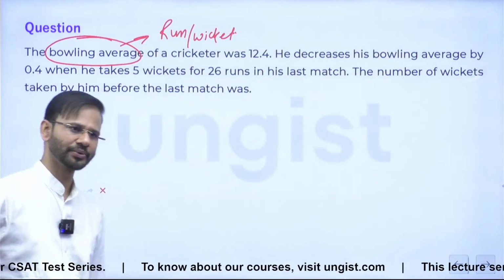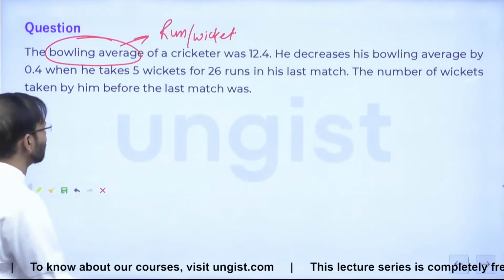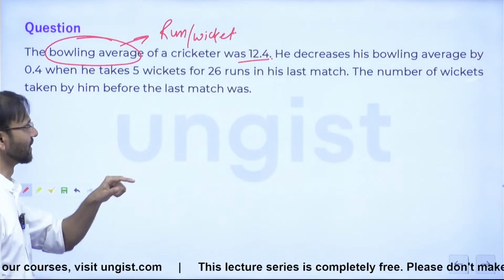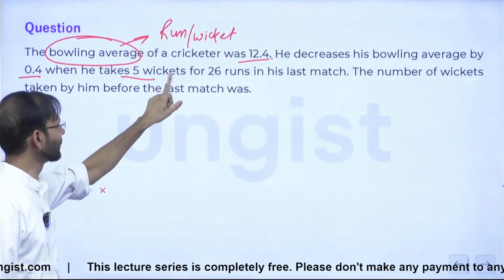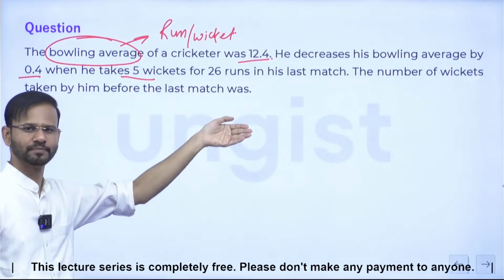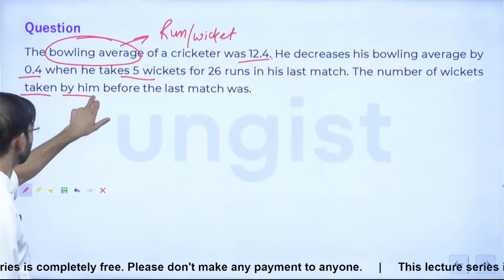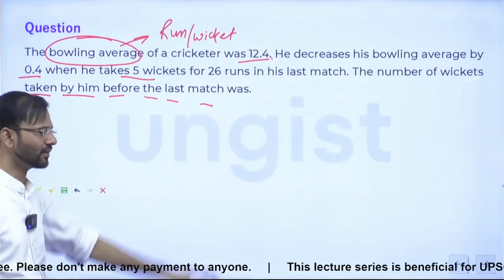Done? Okay. अच्छा, the bowling average of a cricketer was 12.4. ठीक है. He decreases his bowling average by 0.4 when he takes 5 wickets for 26 runs in his last match. ठीक है. The number of wickets taken by him before the last match was, right?